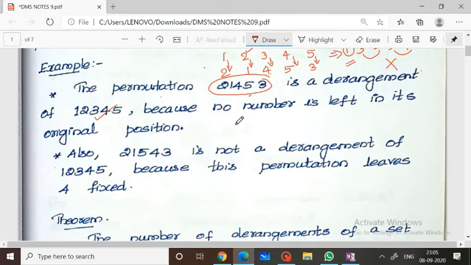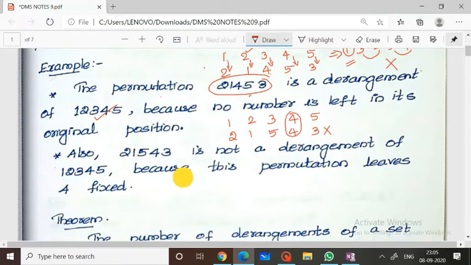For example, take 1 2 3 4 5 and consider 2 1 5 4 3. Is this also a derangement? No, because 4 is in its correct position. So 2 1 5 4 3 is not a derangement because 4 is fixed.